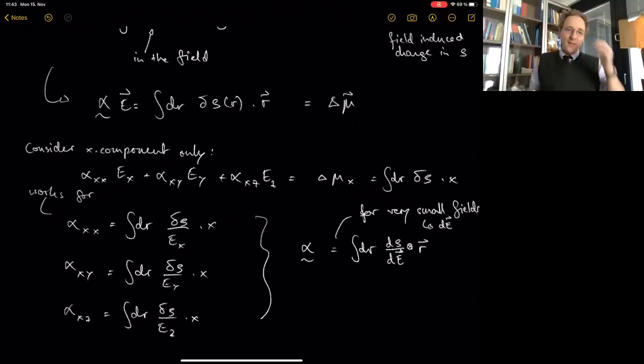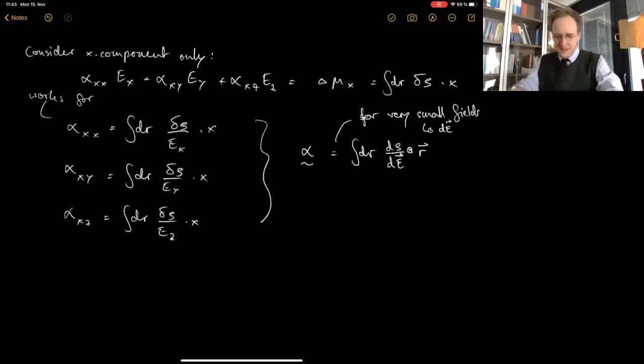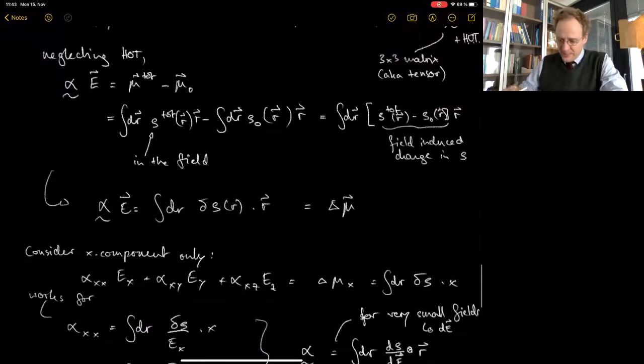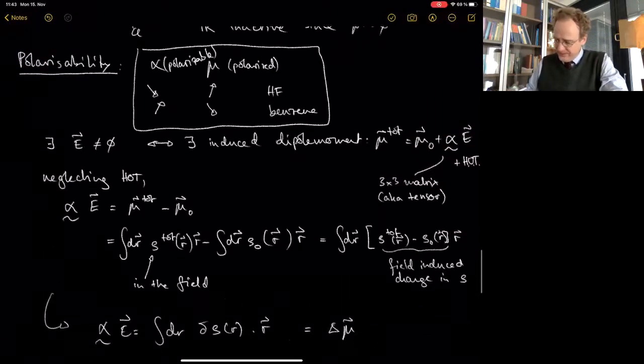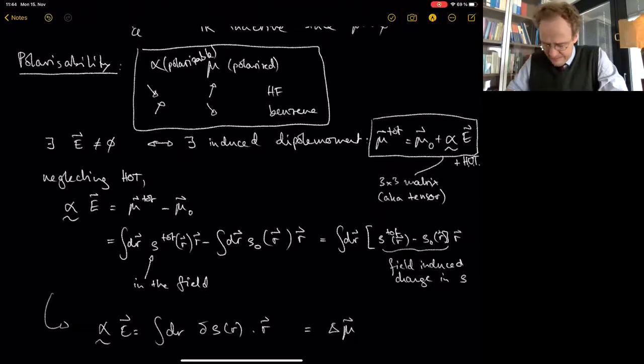All right, so we have now derived the first and second order term of these polarization effects, right? So you see that in your total dipole moment, there's the field, right?